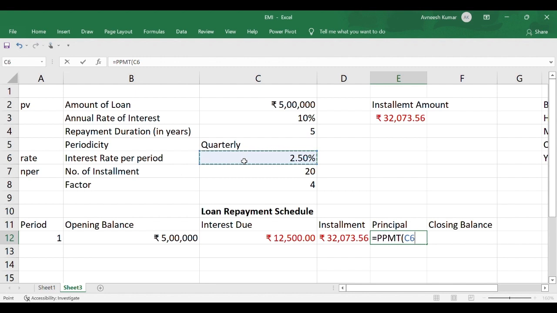Rate from the C6 cell, period from A12, PV from this place, 0, 0, and this, and close.